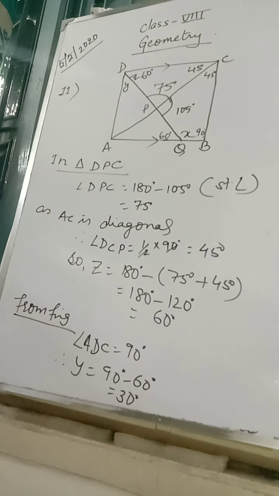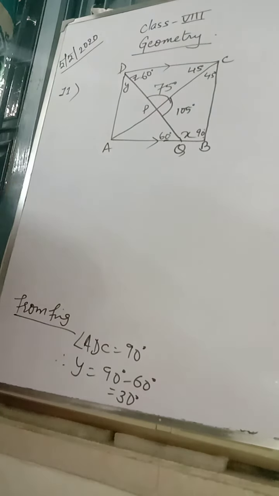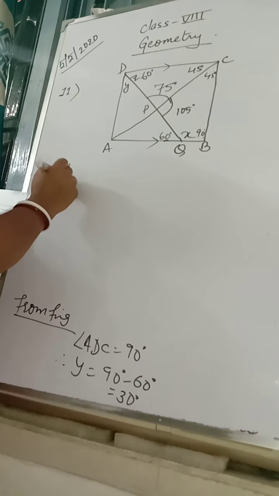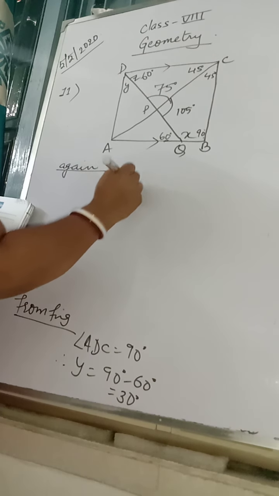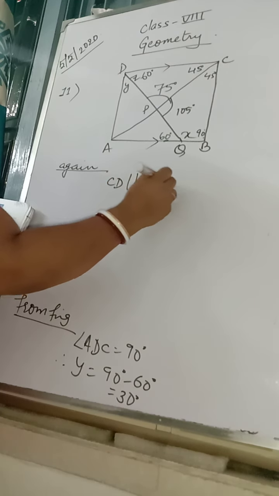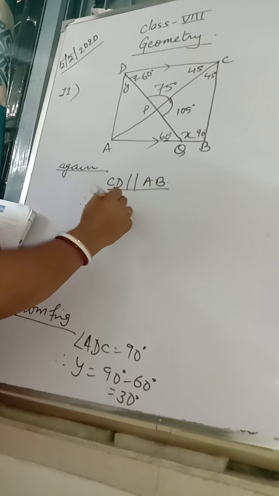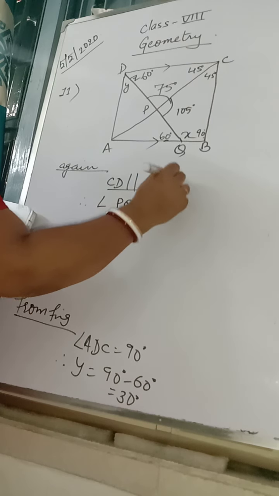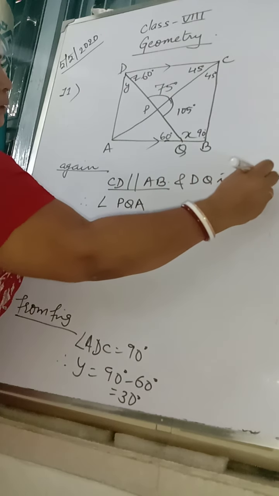See, to find x, we can write it again. CD is parallel to AB. Done. So angle PQA, and DQ is a transversal.